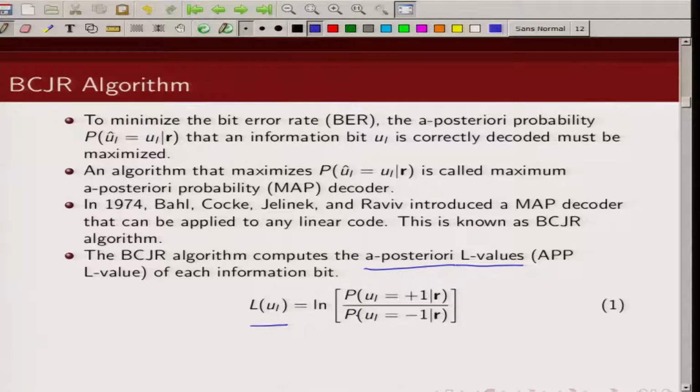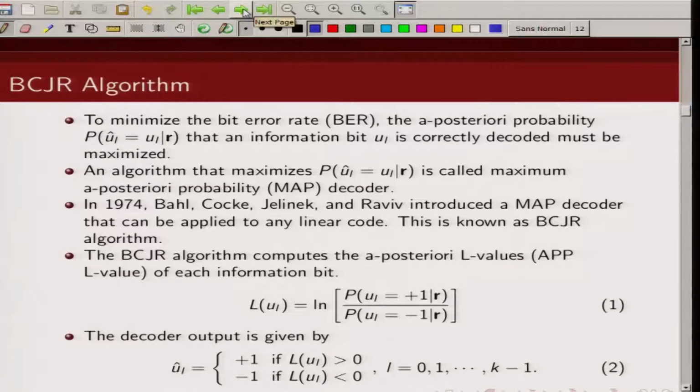Now, if this L value is greater than 0, then you decide in favor of U_l being +1, otherwise you decide in favor of U_l being -1. So, your decoder output will be +1 if the L value is greater than 0, otherwise you decide in favor of -1.